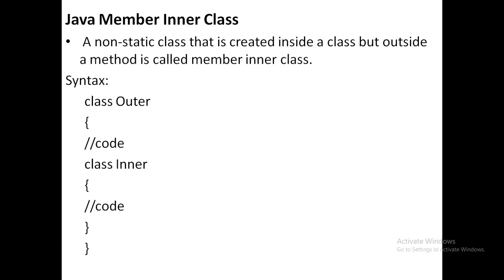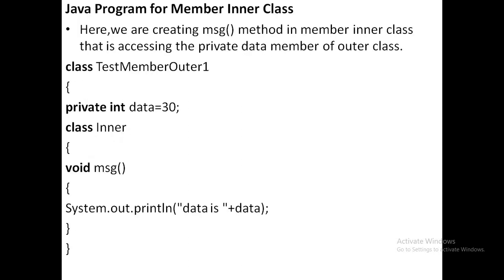Java member inner class. A non-static class that is created inside another class but outside a method is known as a member inner class. So here the class Inner is created inside the outer class Outer. In this example, there is a method called message inside the inner class, and this method is able to access the private data member of the outer class.